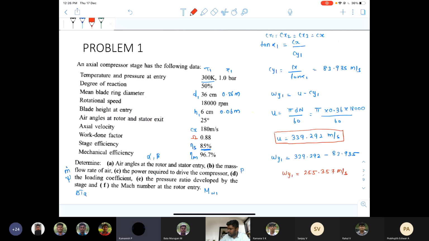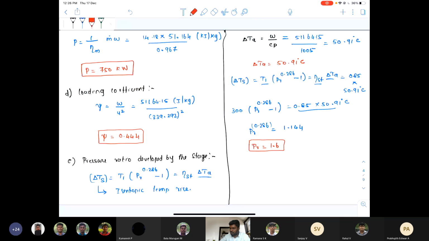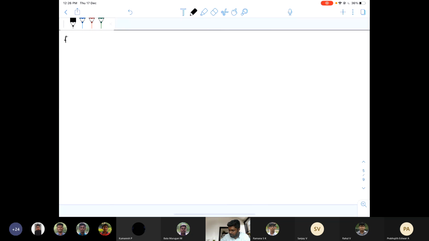And the next is you should find the Mach number at the rotor entry, which is M of W1. We should find this value. Consider this as the Mach number.